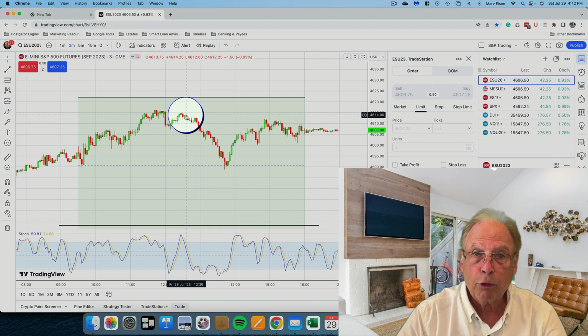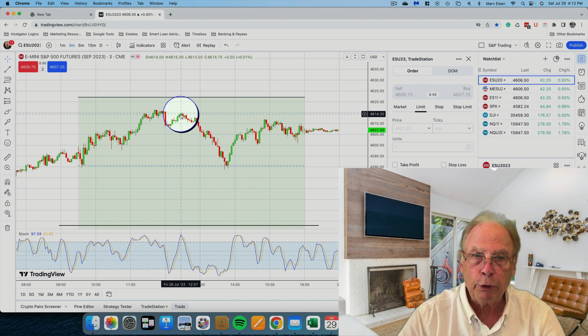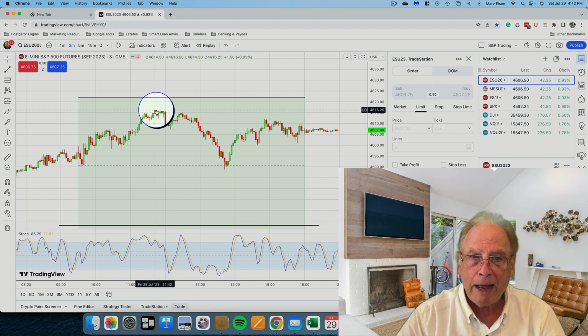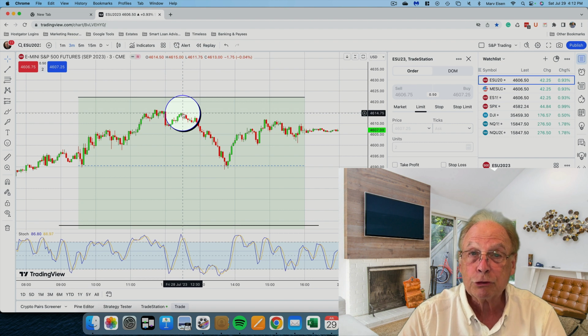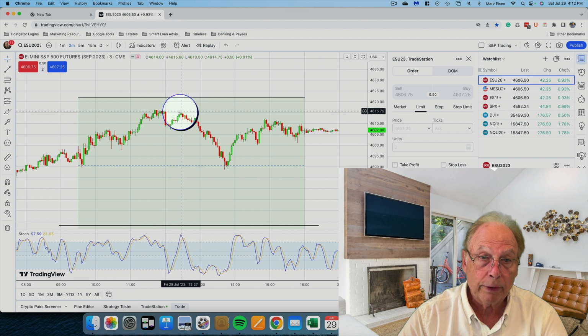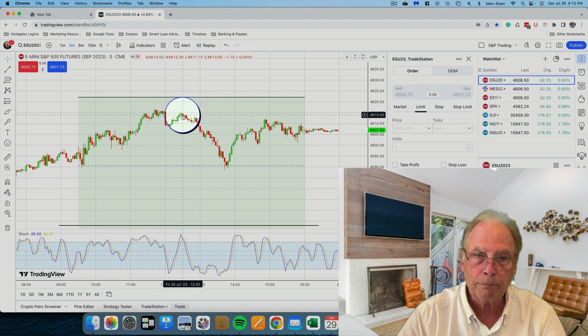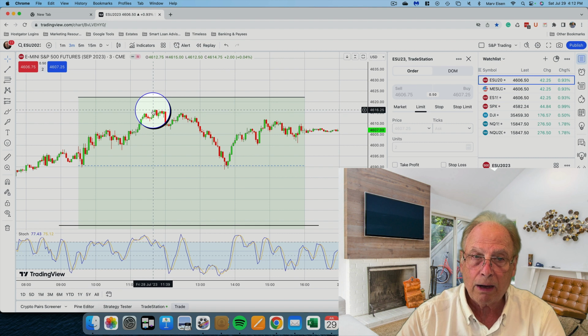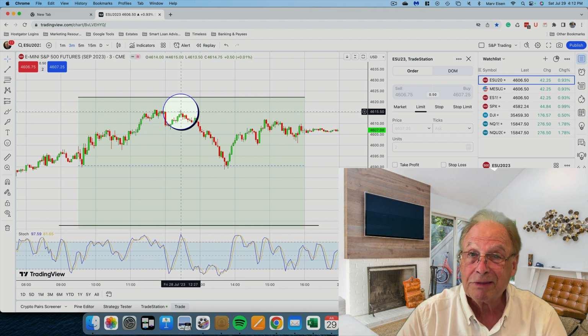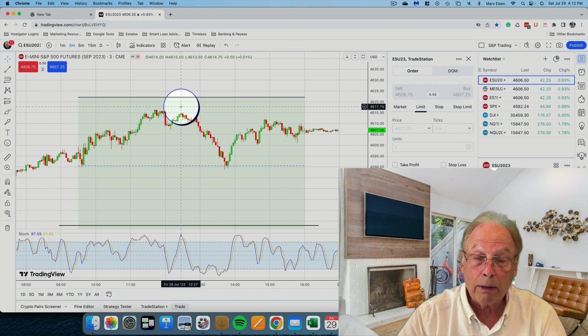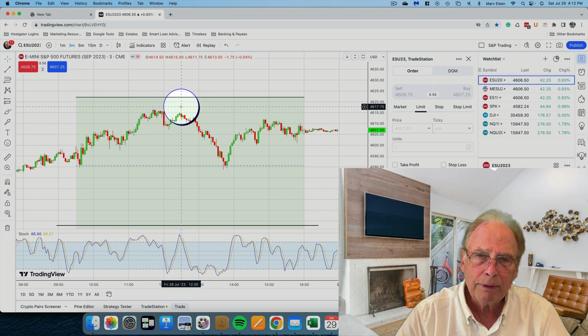The reason it's a low-risk trade, if you don't understand, is that prices would have to take out the high at 46.16, only a point higher, in order for this trade to fail. Here is where prices made a previous high, and prices are going up there to test that previous high. And the question is, if they break through, well, you get off immediately, losing a point and a half.